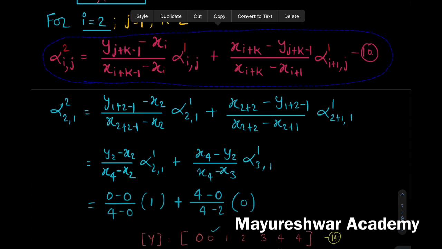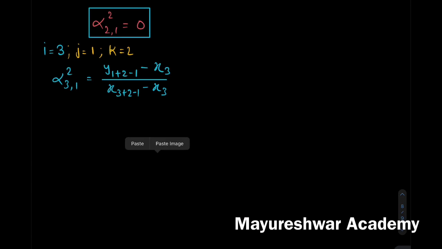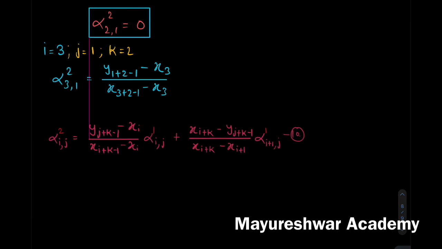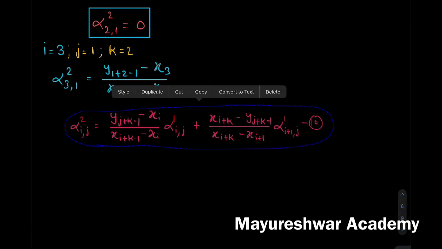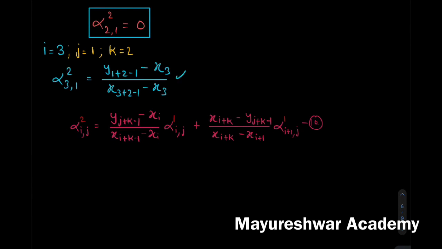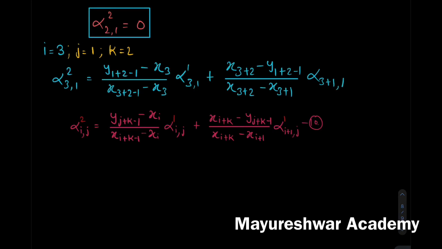Okay, copy it better and paste it. So this times alpha 3 1 plus x3 plus 2 minus y 1 plus 2 minus 1 divided by x3 plus 2 minus x3 plus 1, and alpha 3 plus 1 1.